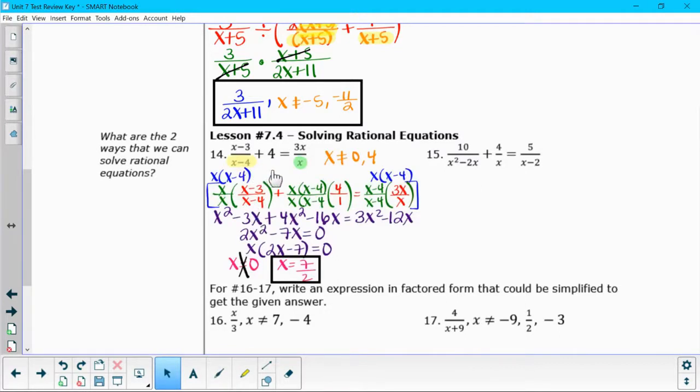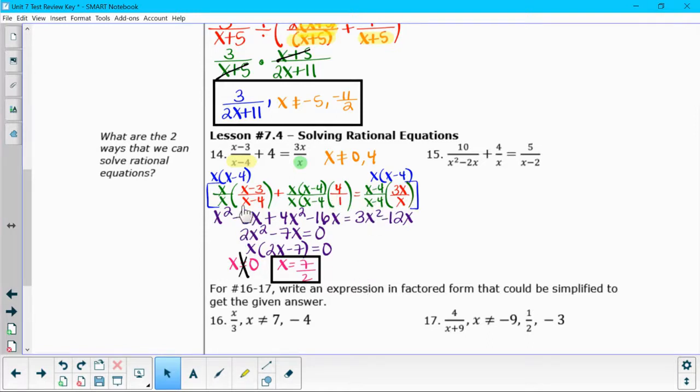Now for number 14, our common denominator is going to be x times x minus 4. So I need to make sure that every denominator of every fraction that I'm dealing with has this least common denominator. So my first fraction needs x top and bottom. My second fraction needs both x and x minus 4. And my third fraction just needs x minus 4 top and bottom.